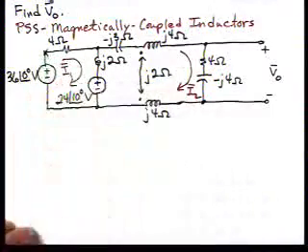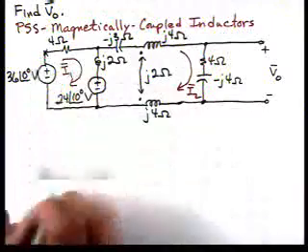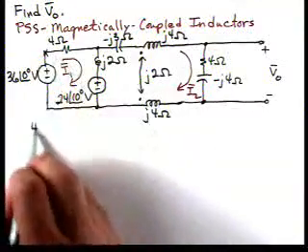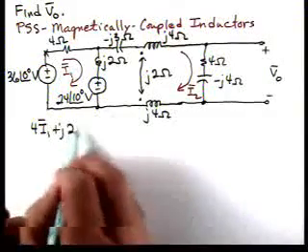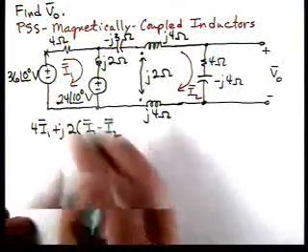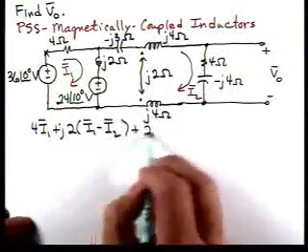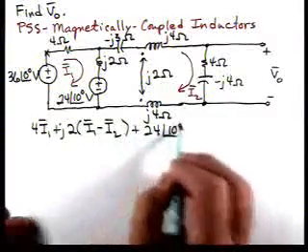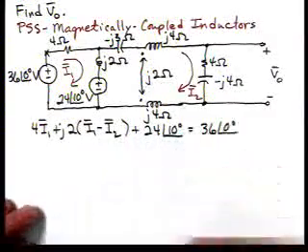So let's start with the mesh in the upper left corner. So we'll have 4 I1 plus j2 times (I1 minus I2), the voltage drop across this element. Then we'll have plus 24 at an angle of 10 is equal to 36 at an angle of 0.